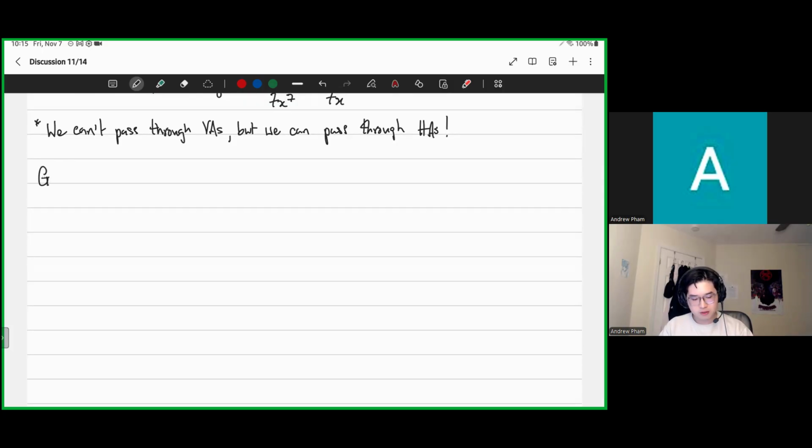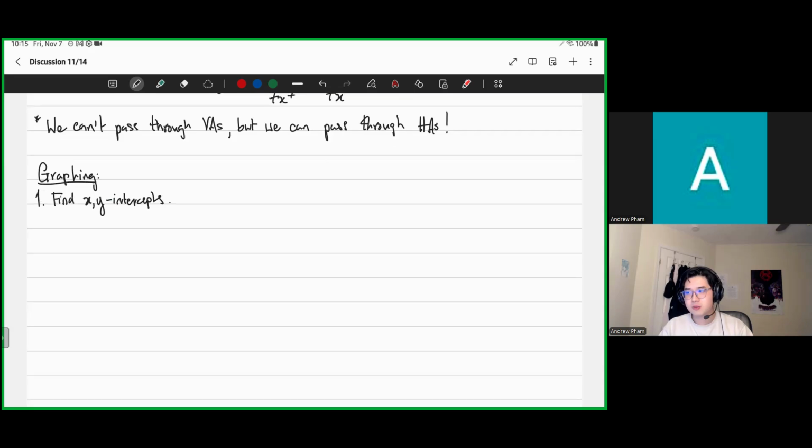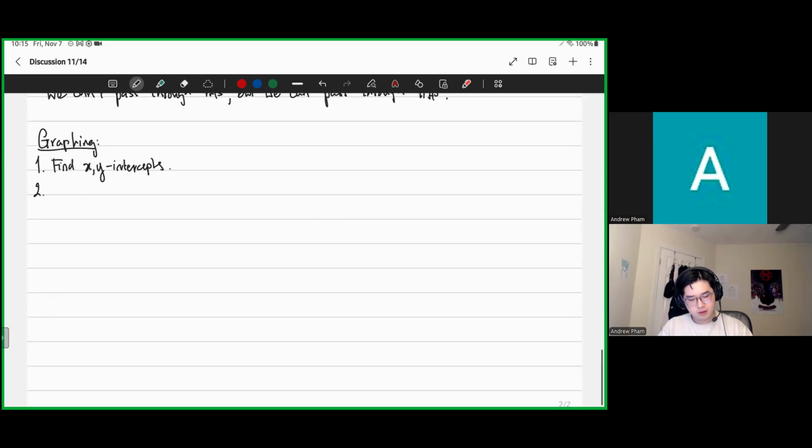Since we were graphing, we have some general steps that we would like to do. First, every single graphing problem is always going to be some form of finding the x and y intercepts. We know how to do that. Two, you find the vertical asymptote.